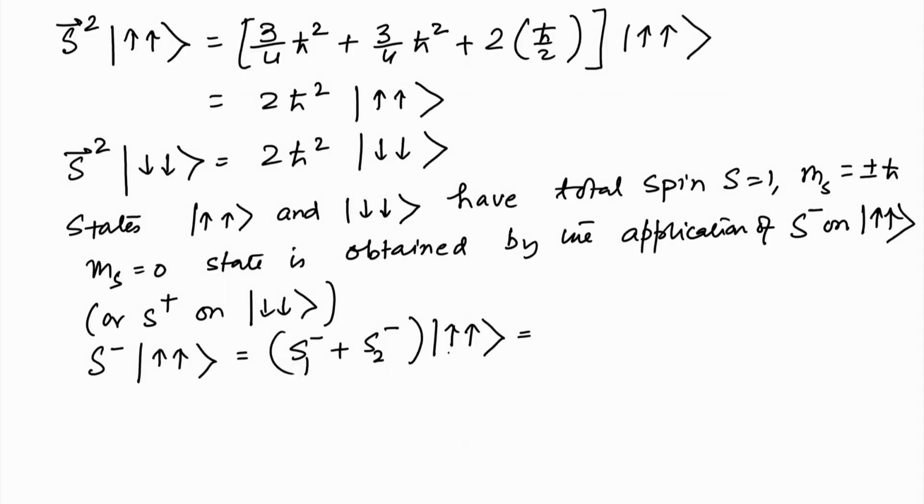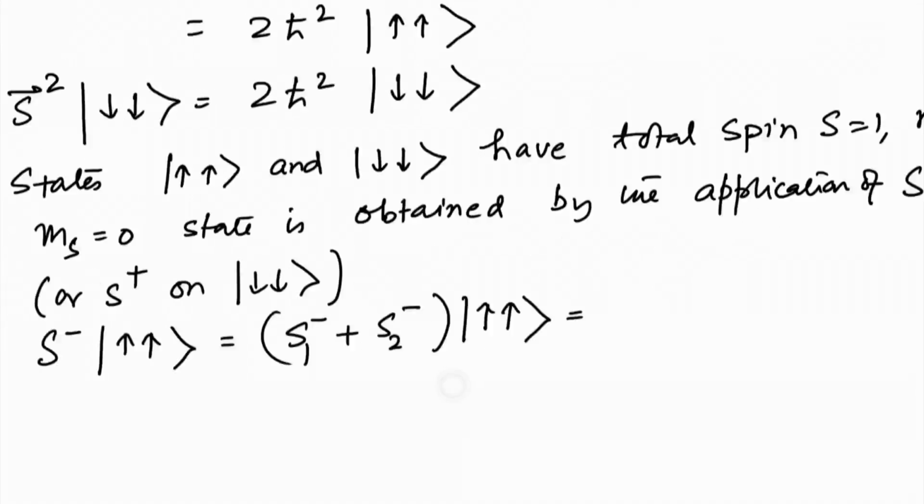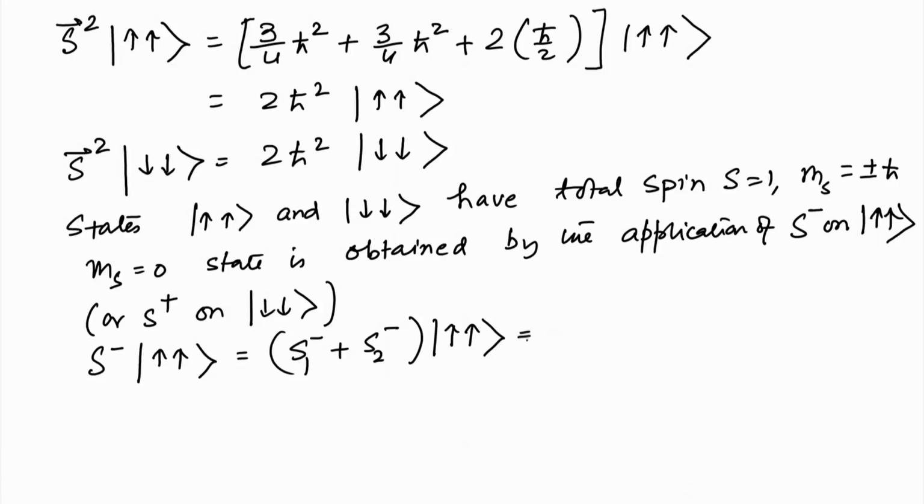These are not eigenstates of up, but it will operate on this and give me ħ, and it will be a down up.